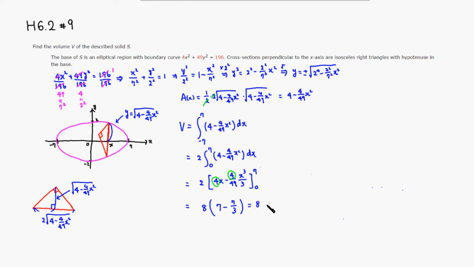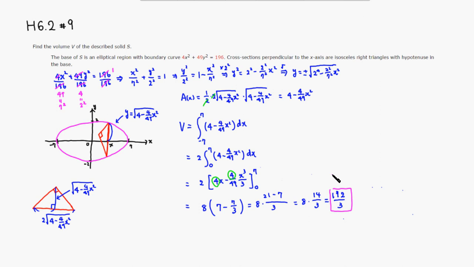So 8 times, with a common denominator of 3, 21 minus 7, so it's 8 times 14 over 3. 4 times 8 is 32, and 8 times 1 is 8, so 112 over 3. So that's the volume that we're looking for.